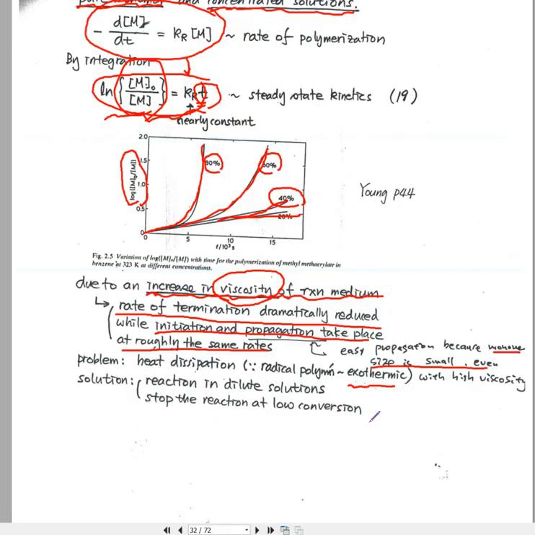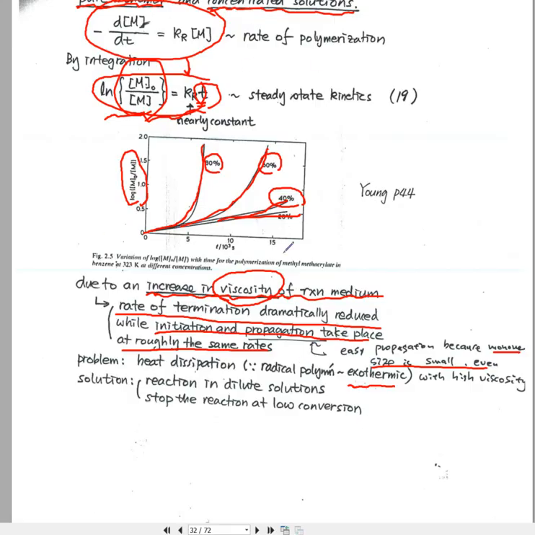If we cannot remove this heat, then we might have problems such as explosion because of this high heat. So it could be very dangerous to use this kind of high concentration monomer. Especially at the end of the reaction, it might break the reaction vessel from explosion.